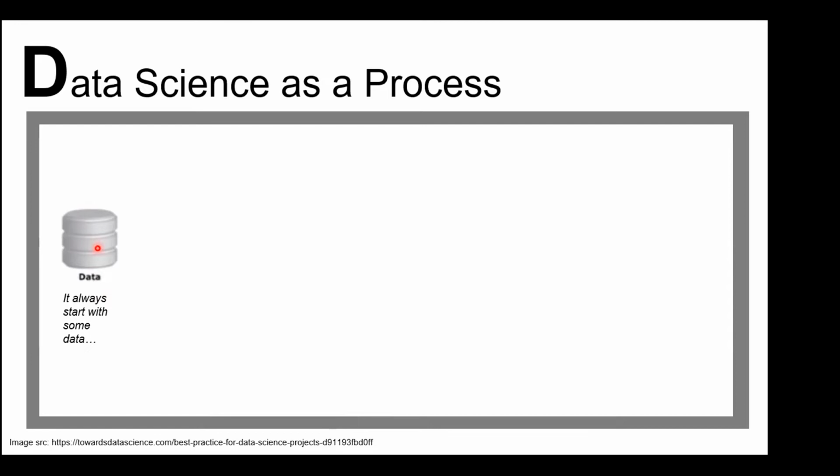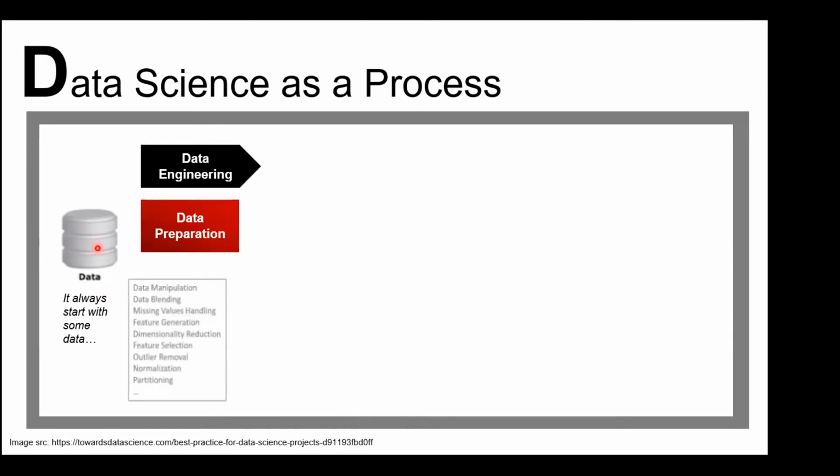Okay, and this data will be processed through the process called data preparation, which includes data manipulation and data blending. Data blending means that we have data from different sources and we try to combine them and try to fix the problem with missing values, meaning that some values are not collected.